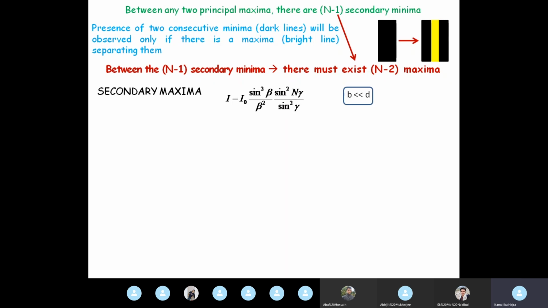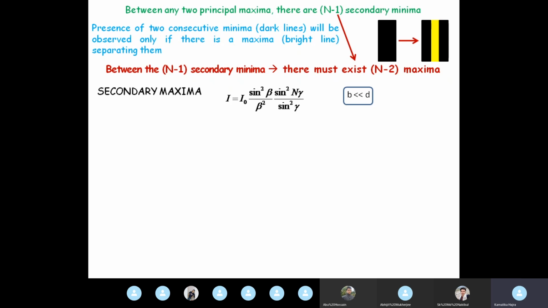And like we argued in the case of double slit diffraction also, since b is much smaller than d, the term containing b, that is beta, pi b by lambda sine theta, must be varying much more slowly than the term containing d, that is gamma, pi d by lambda sine theta.